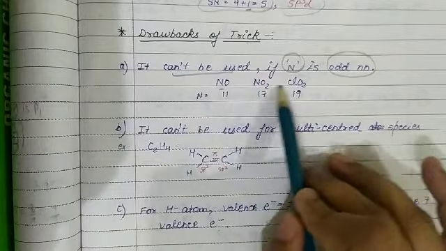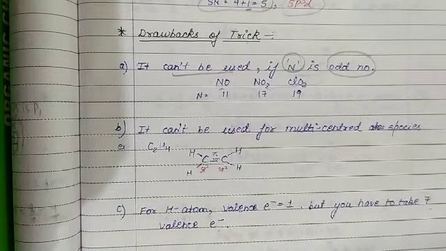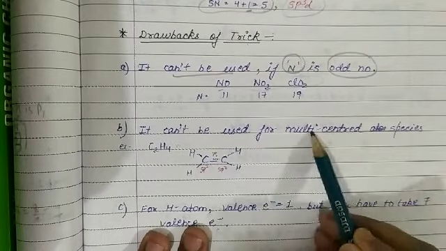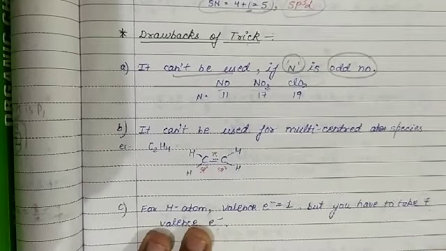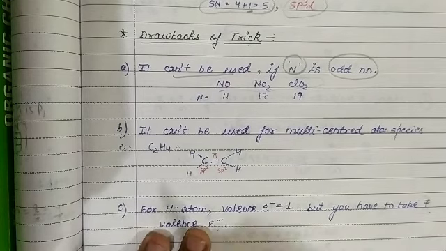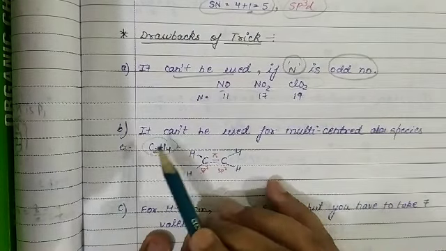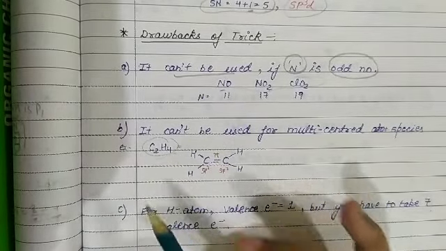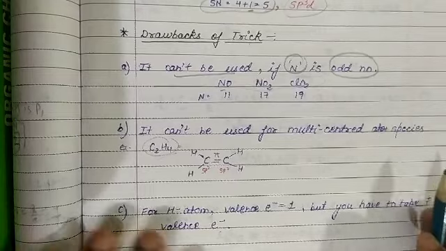These structures are drawn with the help of the Lewis dot structure. Also, this trick cannot be used for multi-centered species. Lewis theory is also not valid for multi-centered species, like in C2H4, with 2 carbon atoms as centers. So this trick is not useful for multi-centered species also.